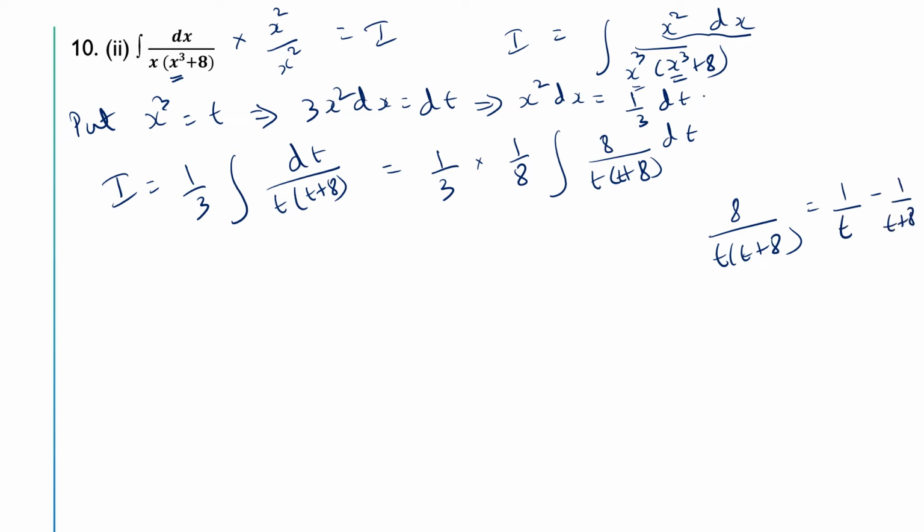Again, if we take LCM as t into t plus 8 and simplify, we will get 8 in the numerator. So this is equal to t plus 8 minus t upon t into t plus 8. So we get the left hand side.